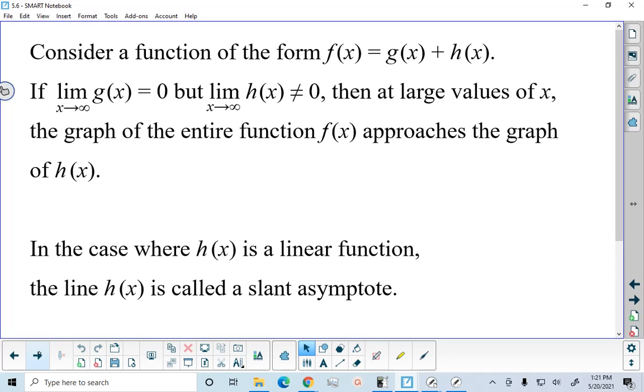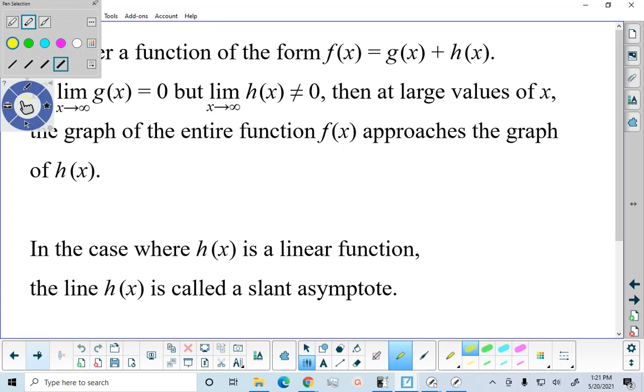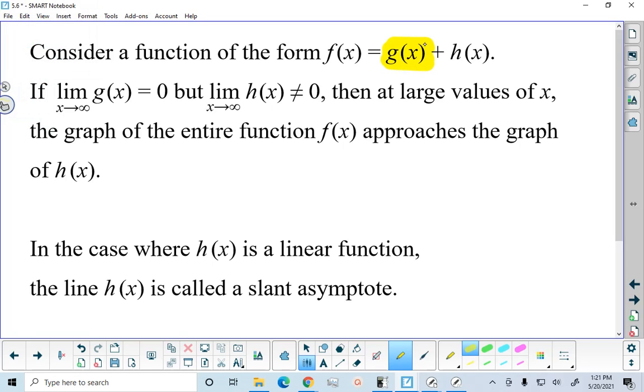So consider a function of the form f of x, where f of x is equal to the sum of two different functions. Let's say that as x approaches infinity, g of x approaches 0. So as f of x gets to the very, very far extreme right side of the graph, where x is approaching infinity, this thing bottoms out.